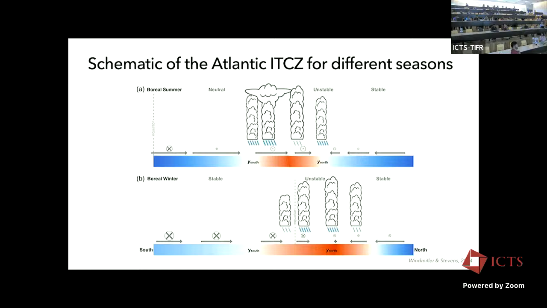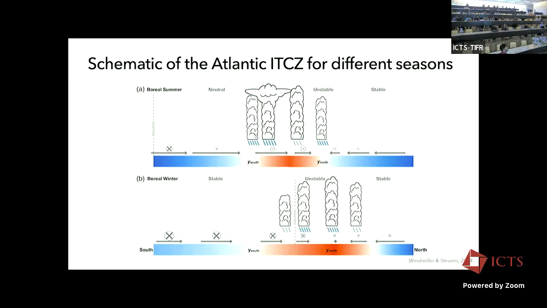So between boreal summer and winter, the conditions south of the southern edge change, which probably, we don't know, probably drives this difference in precipitation, favoring the northern edge in the boreal winter.